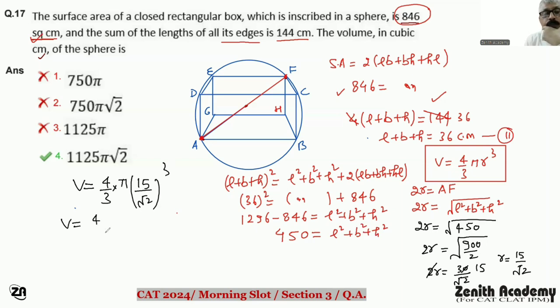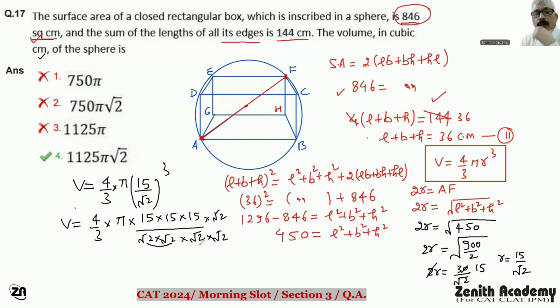So V is 4 by 3 pi, 15 15 15 upon root 2 root 2 root 2. So multiply by one more root 2 above and below. So this is root 2, root 2 2 root 2, 2 4. And 3 5s are 15, 15 15 is 225, 225 into 5 is 1125.